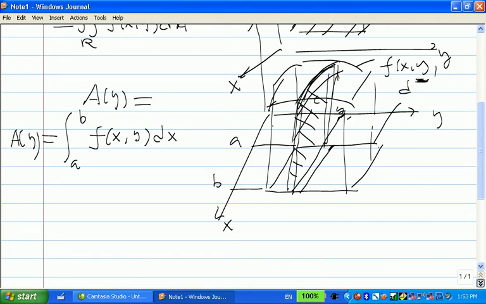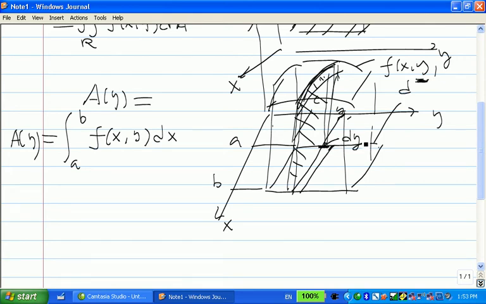Think about this like slices of bread. This whole volume is like a loaf of bread. Then I just cut it into slices. Okay. Now let's find the volume of this slice. So I call this thickness of your bread dy.